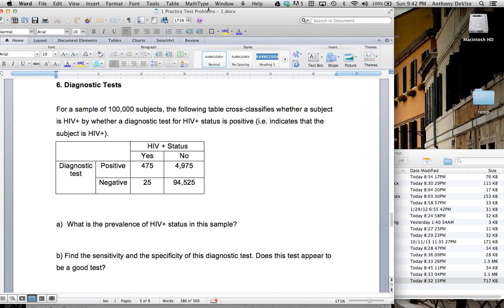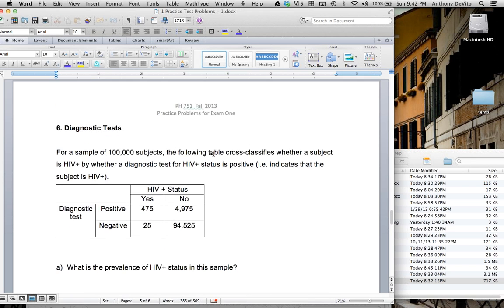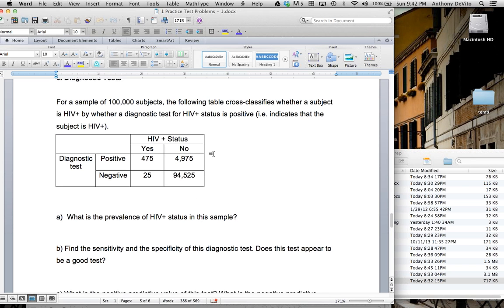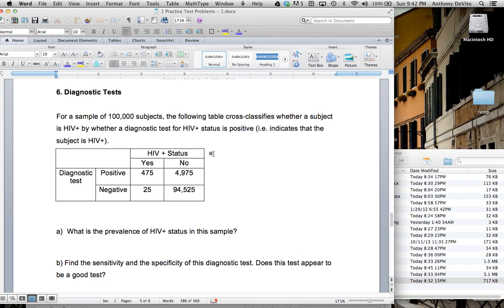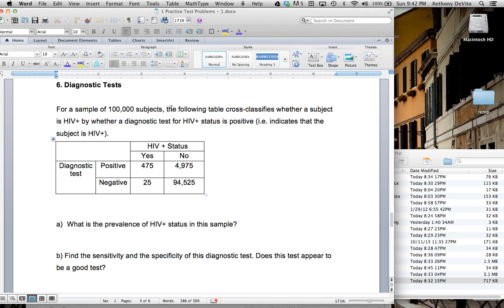Trust me. Okay, so let's talk about diagnostic tests as a next major subject. You have a sample of 100,000 subjects, or a population of 100,000 people. The following table classifies whether a subject is HIV positive by whether a diagnostic screening test for HIV status is positive.